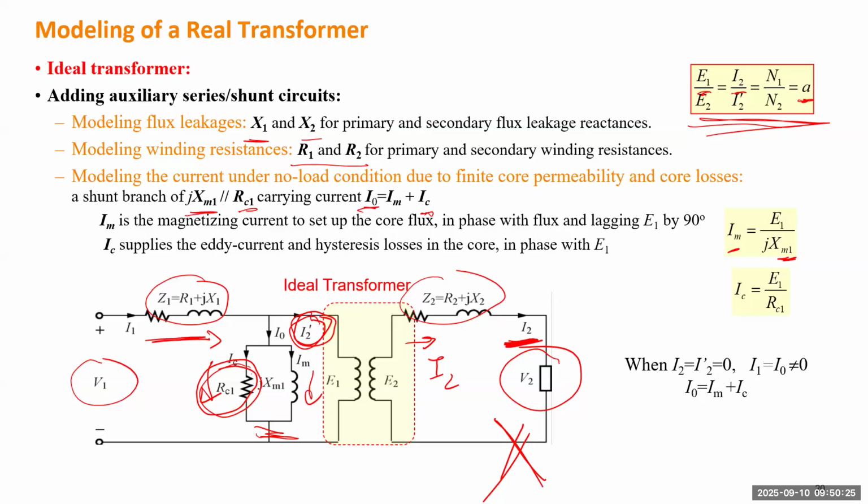Then you can calculate the current. I assume you have learned how to do the short circuit and open circuit tests in 325. For the short circuit test, you mainly calculate the series impedance due to the windings.